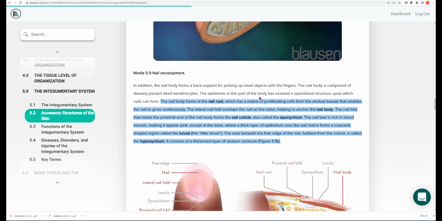I do want you to know, though, that what forms the hardness of your nails is keratinocytes. The same protein that produces your hair, keratin, is also the main protein that forms the foundation of your fingernails.